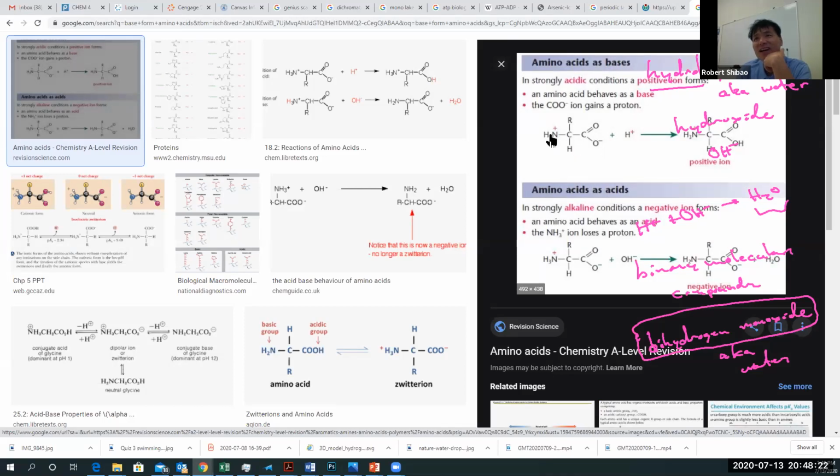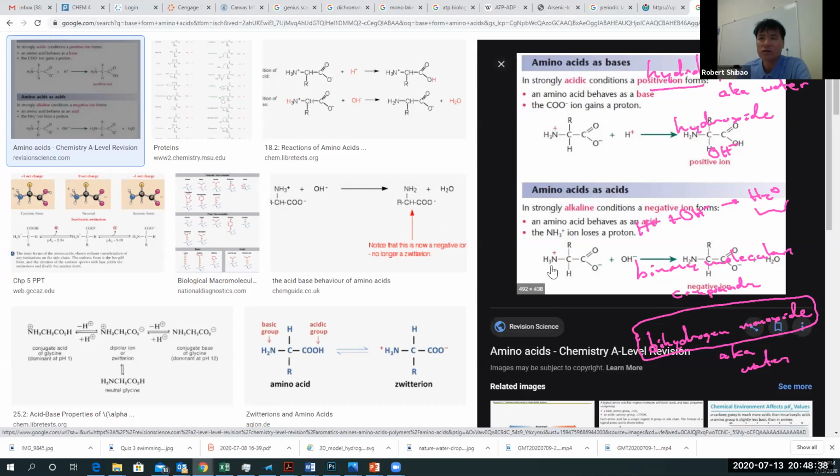This would be the base form of the amino acid here. And then we have the zwitterionic form.